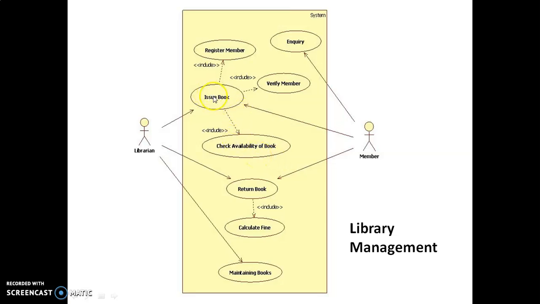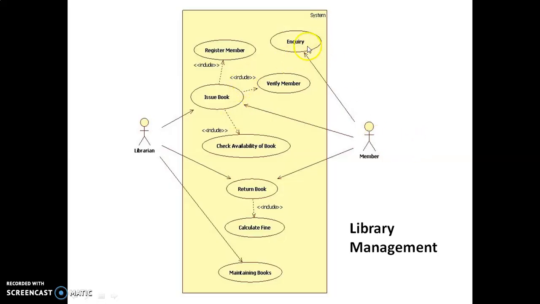The same issue book use case may be used by the member also. When a member enters the library, he enters either for reading or for issuing a book. When he has to issue a book, he must make an inquiry for those books.